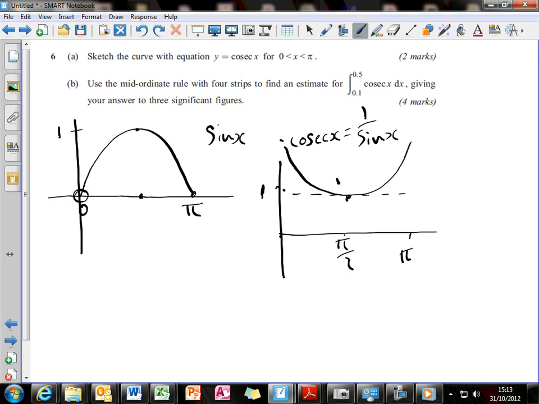And we're using the mid-ordinate rule, and we want to find an estimate for the integral between 0.1 and 0.5 of cosec x, and we want 4 strips.